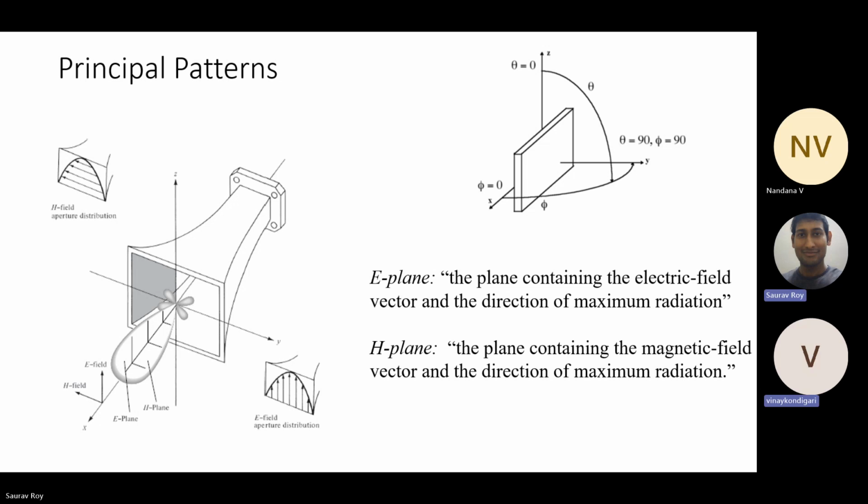Now from here you try to visualize a horn antenna. So the outermost aperture of the horn antenna, it shows. Do you see, Binayak? Yes, sir.